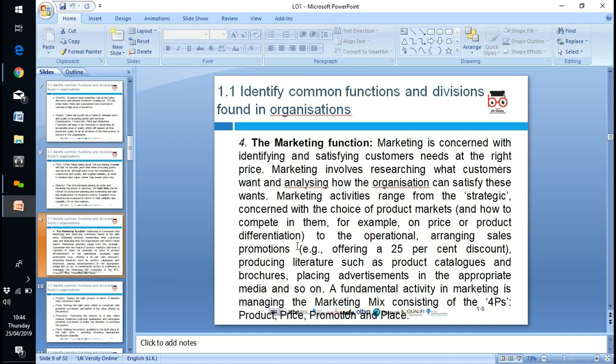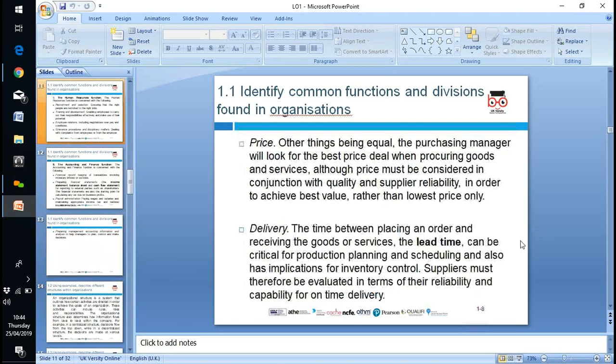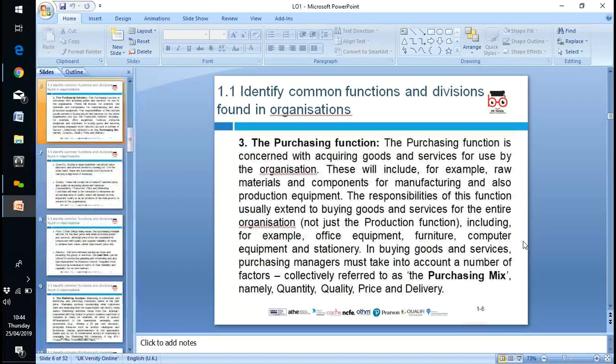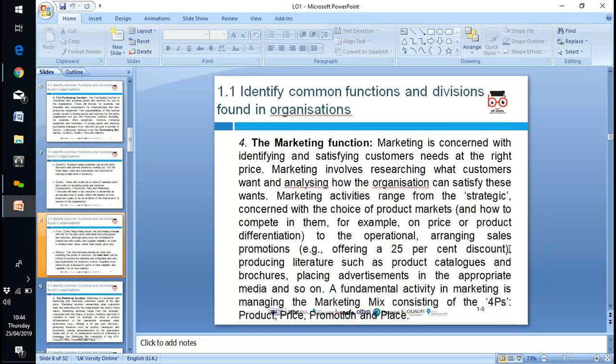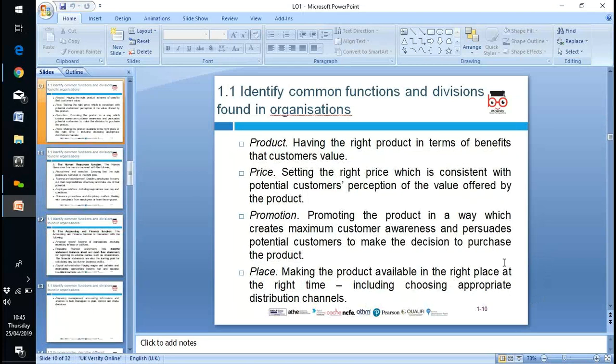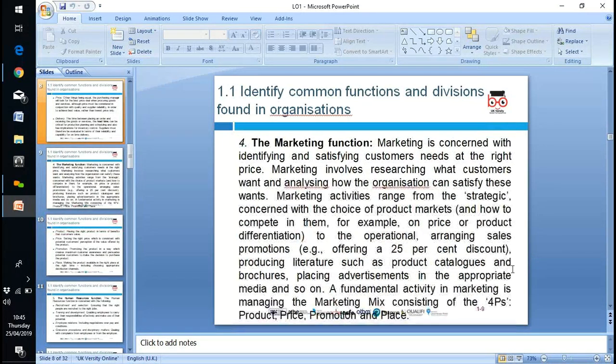But marketing is quite a bit wider operation. The purchasing mix that we've done. Yeah, the 4 Ps, product, price, promotion and place, which you covered.